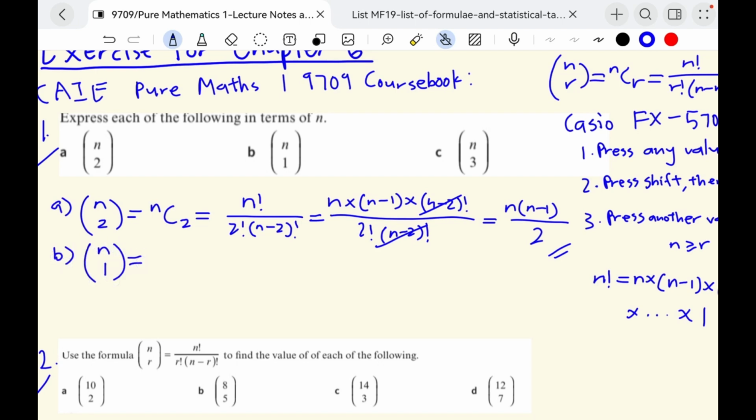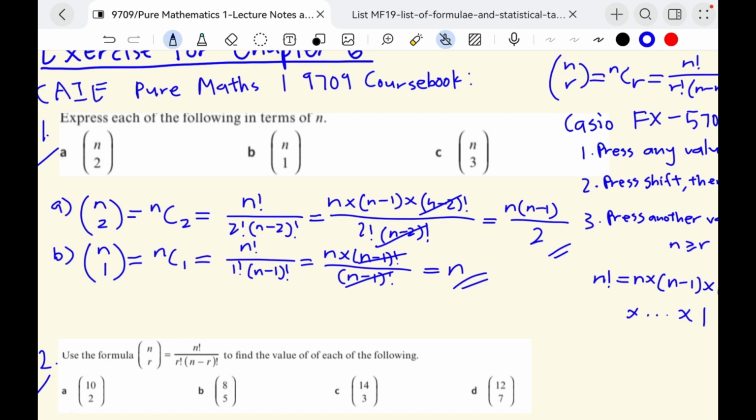So do it the same way for the next one. nC1, which is n factorial divided by 1 factorial times n minus 1 factorial. 1 factorial is 1. That gives n times n minus 1 factorial divided by 1. We can leave out the 1, because the denominator is anyway only n minus 1 factorial. Cancel out both sides to get only n. So yes, it's easy.